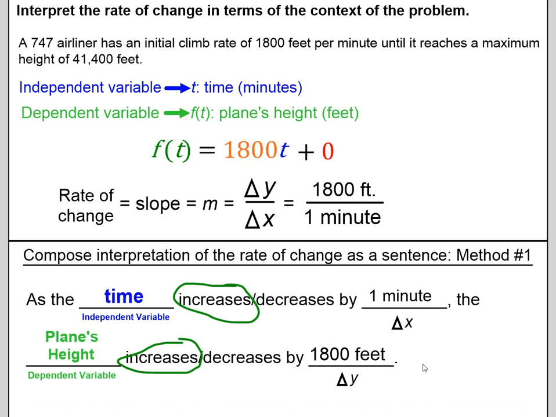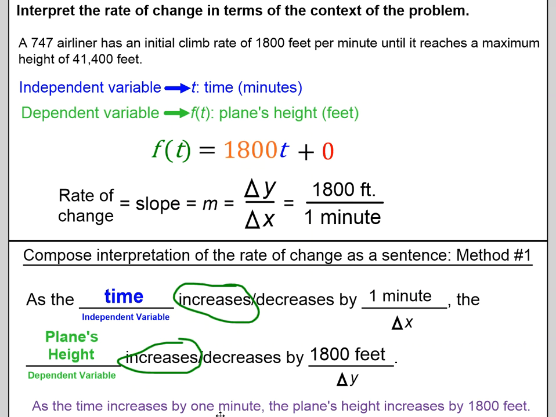So you can always use this shell and just plug in what was representative of the independent variable, and then the delta x, including the units, what's representative of the plane's height, and then delta y in this sentence. So written as a sentence, this looks like this. As the time increases by 1 minute, the plane's height increases by 1,800 feet. This is a well-developed sentence that describes the rate of change contextually, using English words and phrases.